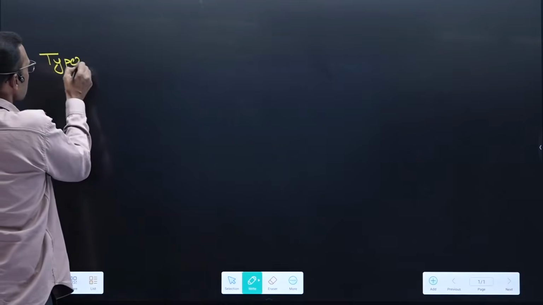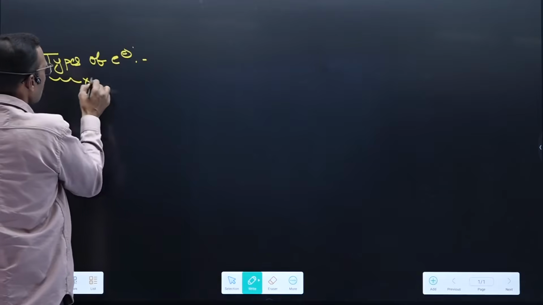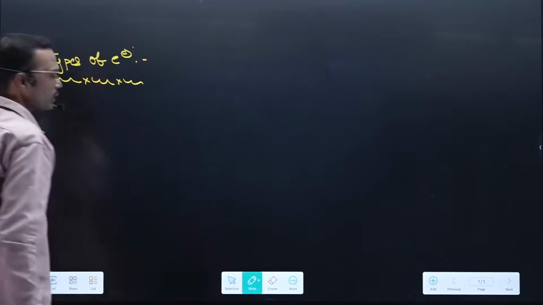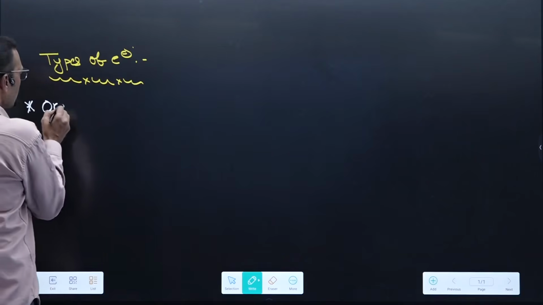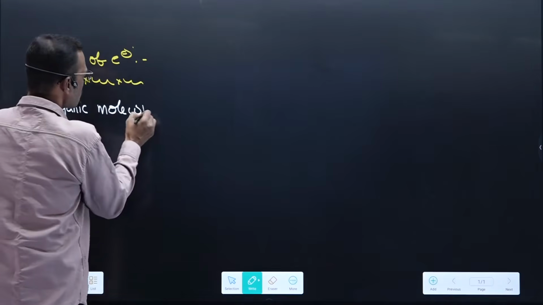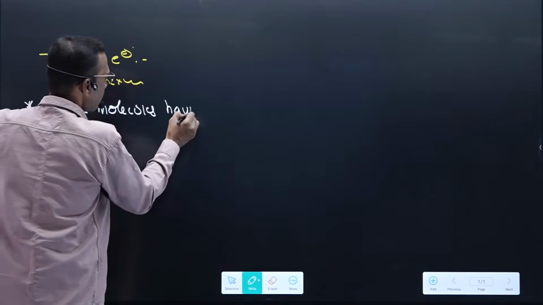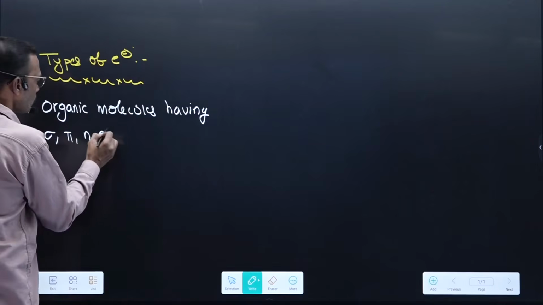Types of electrons. How many types of electrons are present? How to remove that electron to get a molecular ion? If I take any organic molecule, most organic molecules have sigma, pi, and non-bonding electrons.